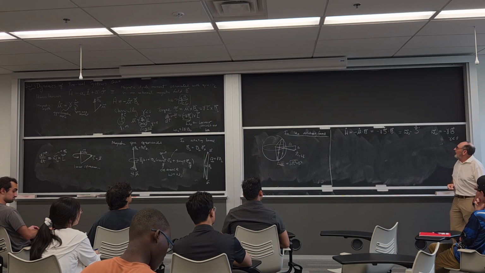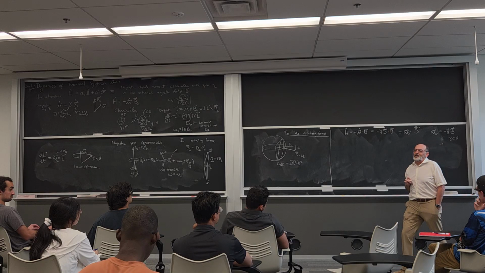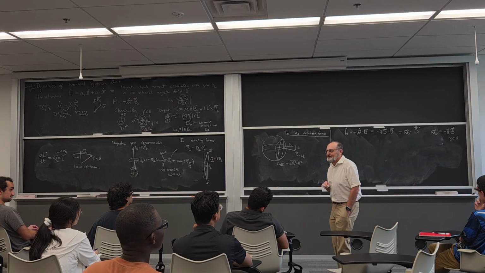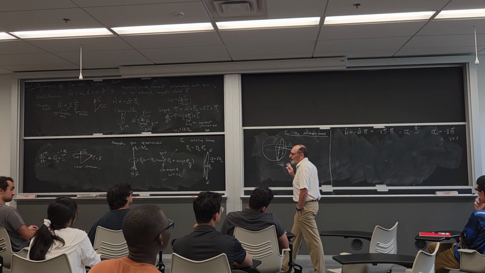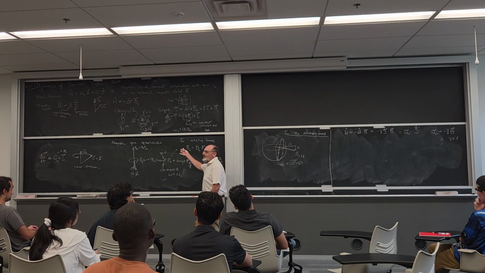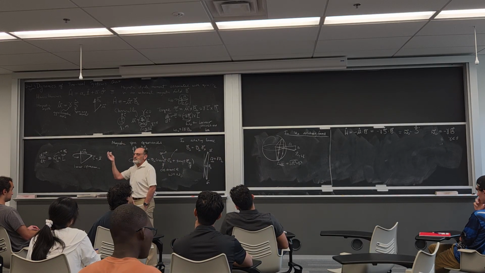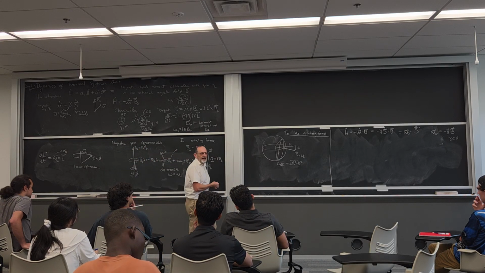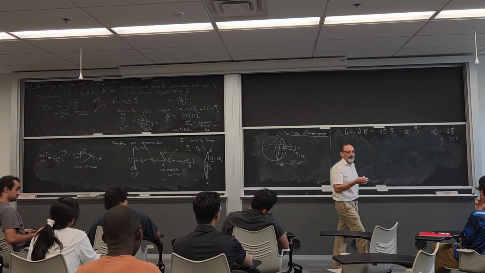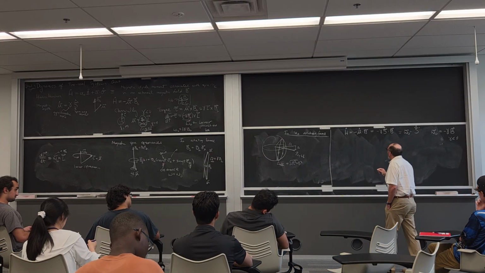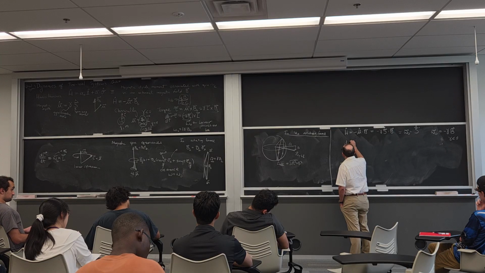Okay? So I'm going to solve this first in the Heisenberg picture, because the Heisenberg picture has the most natural connection to the classical components of the angular momentum. So I want to look at some component of angular momentum.